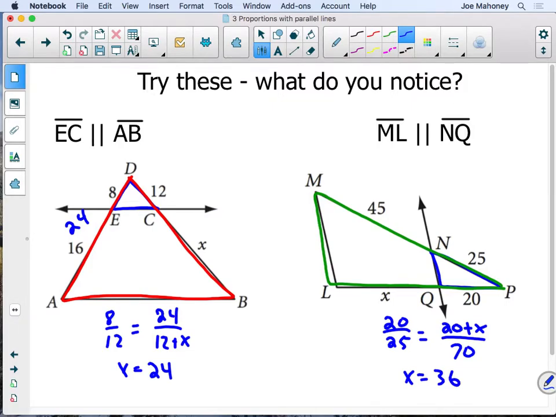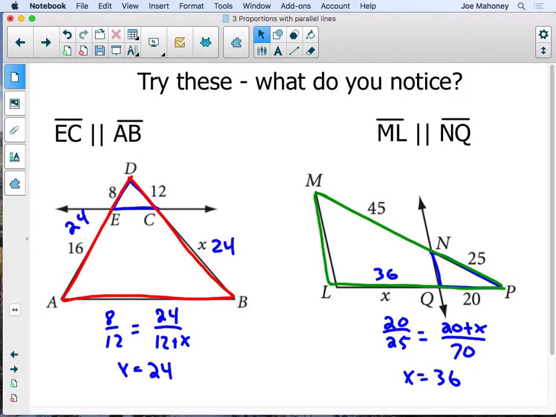So when you take a look and you start noticing some of these answers, do you notice that not only, for example, over here with this whole length being 36, yeah, 8 times 3 is 24. There's a dilation of 3 going on. But also 8 times 2 is 16, and 12 times 2 is 24. Pretty neat stuff.